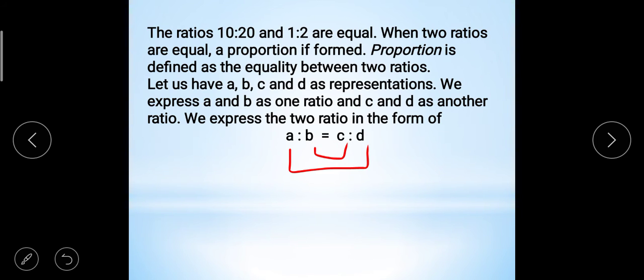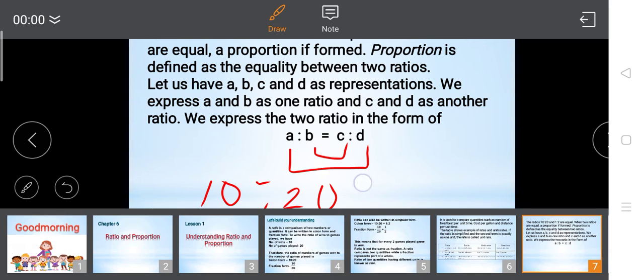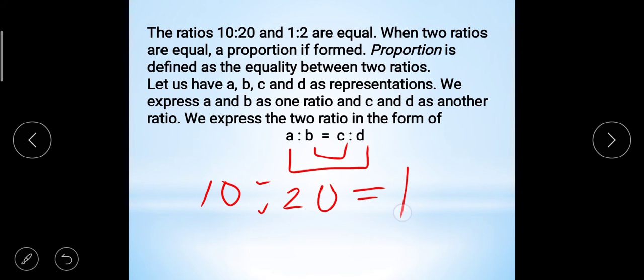So, kailangan yung the product of the mean is equal to the product of the extremes. Okay, so for example, we have 10 and 20. So, ang sabi, 10 is to 20 is equal to 1 is to 2. So, what is the product of our mean?